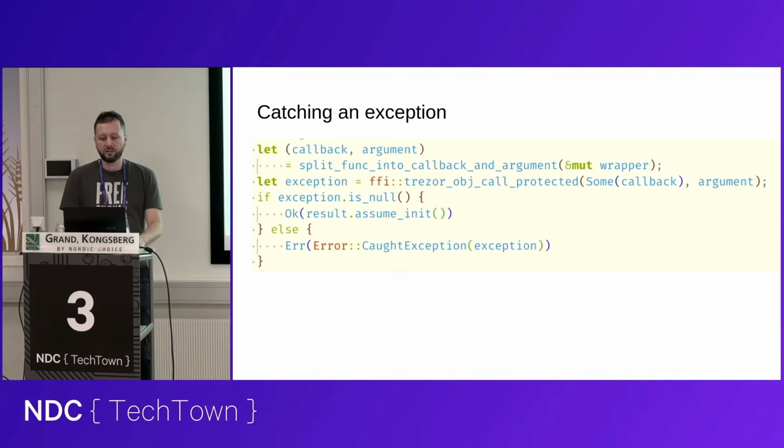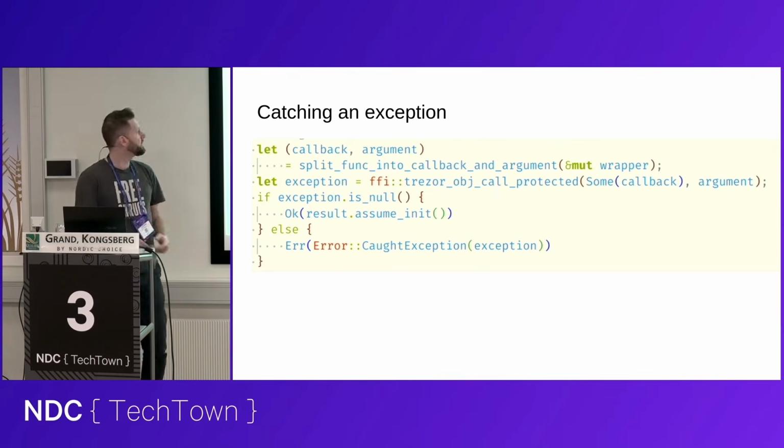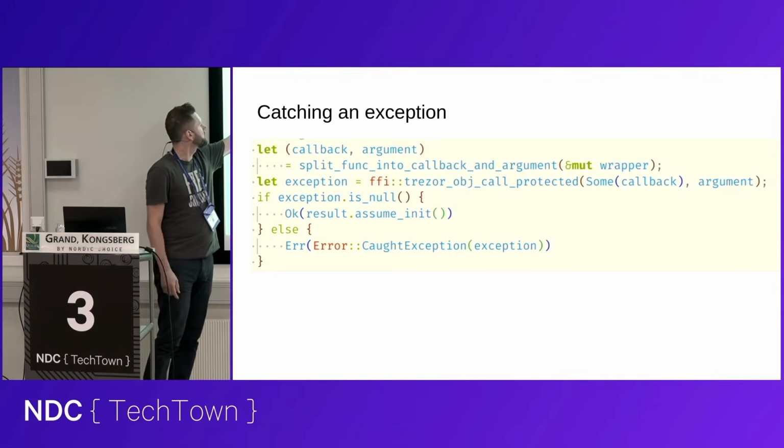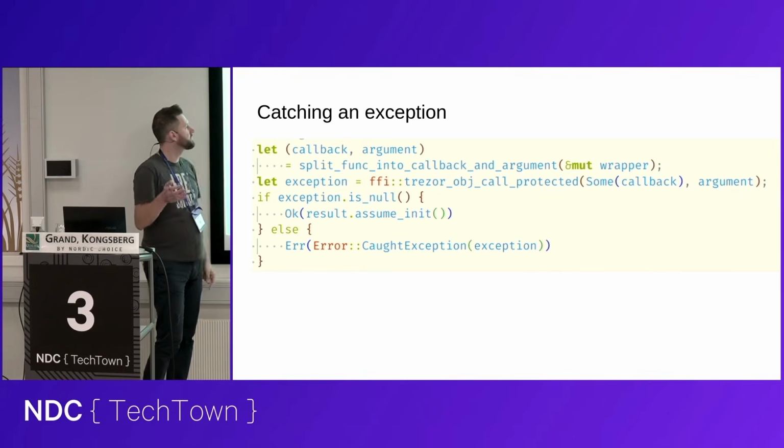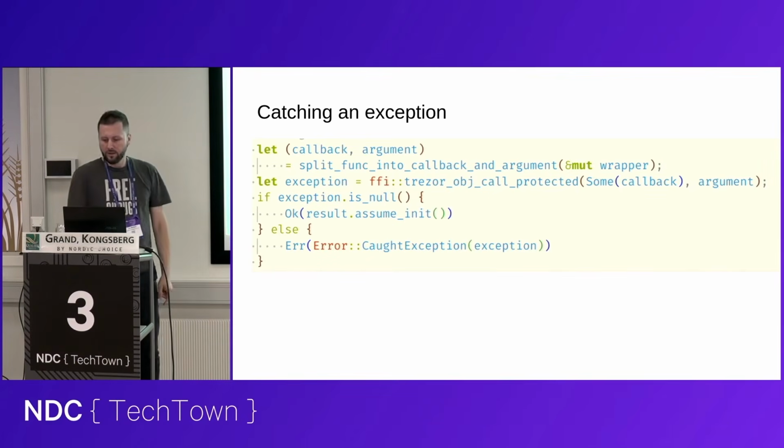Not shown here is how we get out the return value. And that's by wrapping the closure into another closure and storing its result. And we are using a MaybeUninit value. The result is originally MaybeUninit. And if the exception is null, then we are sure that the function was completed and the result was filled correctly. Okay, this one was difficult.